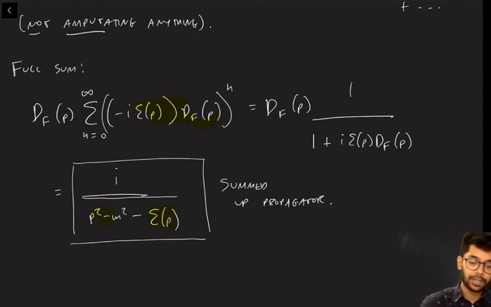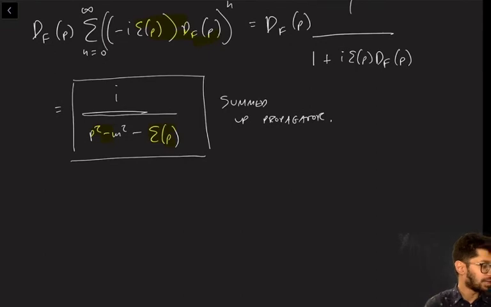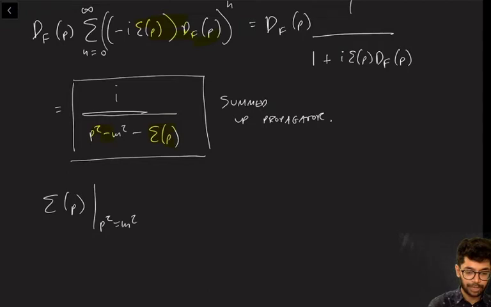Okay, so now let's think back to what the propagator means. We can see here that actually Sigma of p evaluated at p squared equals m squared tells you the new location of the pole, and so this is the shift in the mass. Okay.